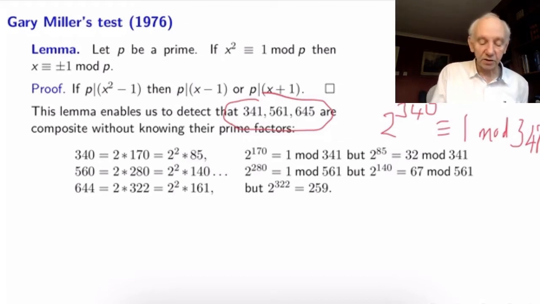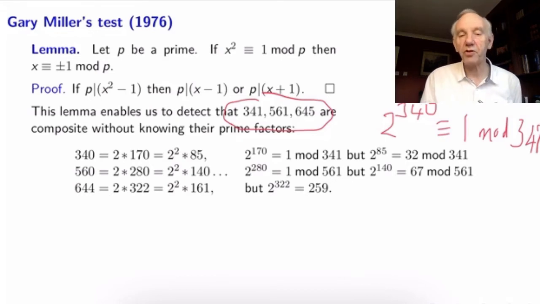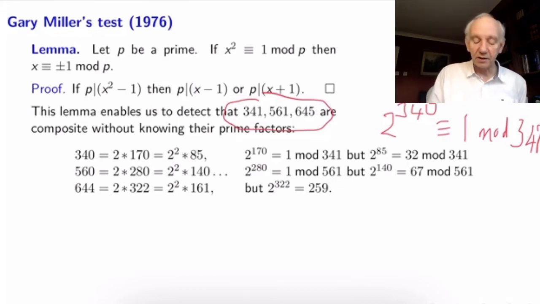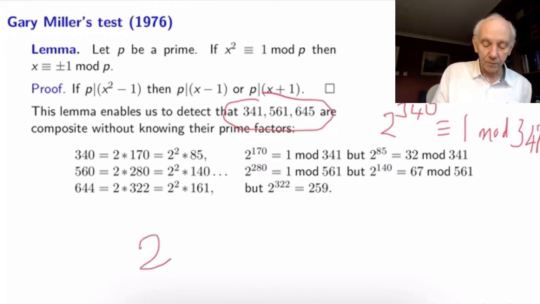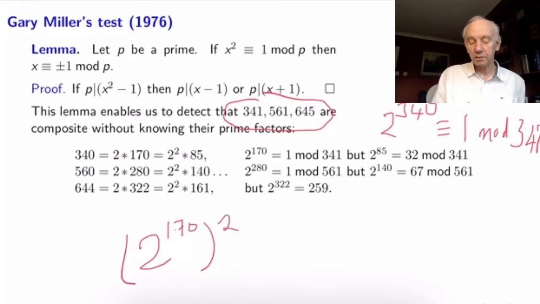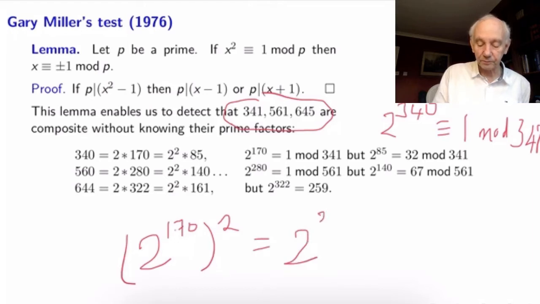So let's consider 340, which is the exponent here. You see, 2 to the power 340, that's the square of something. I could take 2 to the 170 and square that. Because 340 is an even number, when I square this, I get 2 to the 340, which we know is 1.